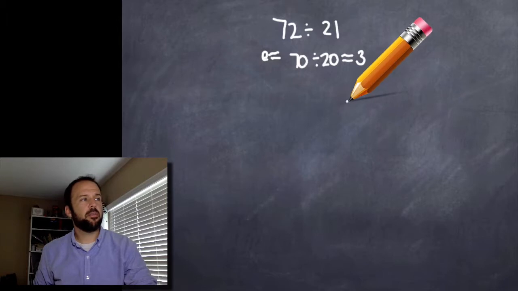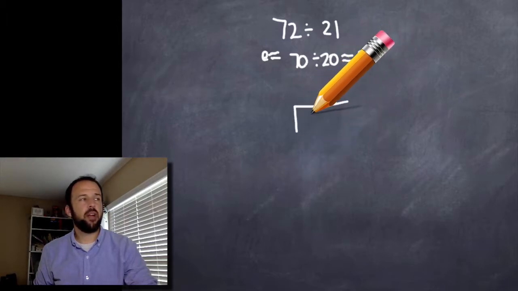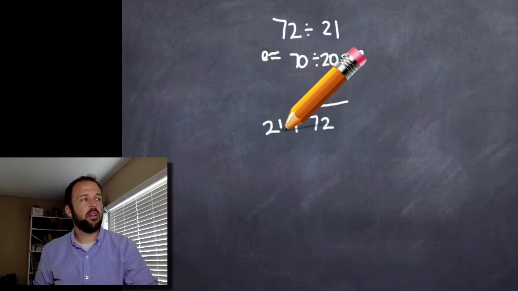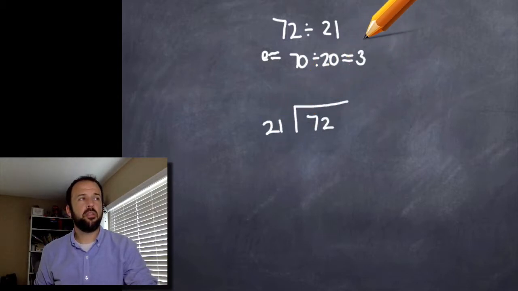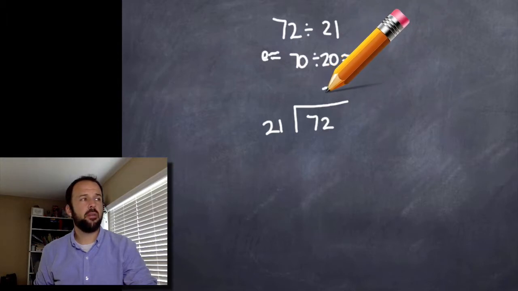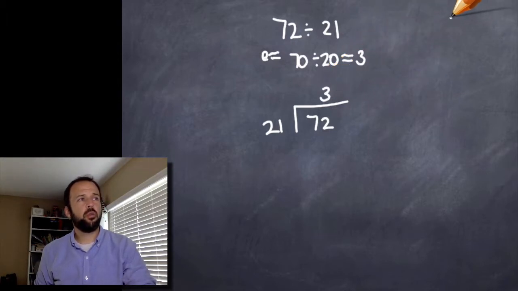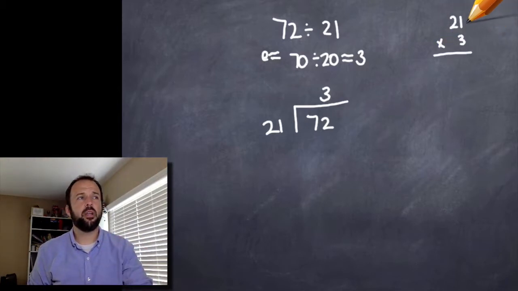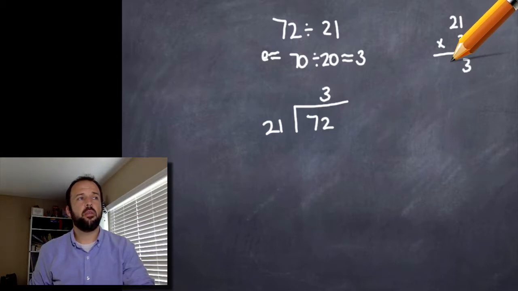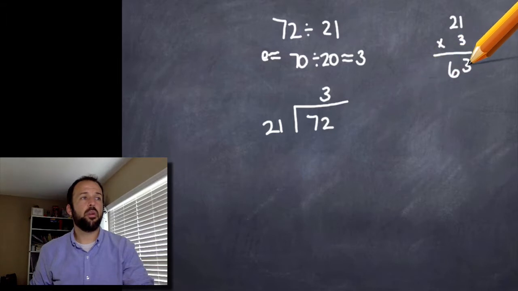So if I set this up the standard algorithm way, I have 72 and I'm dividing it by 21. I'm going to figure out how many multiples of 21 there are in 72. I'm going to start here with 3 and see how this works out. I'm just going to come over here real quick and do 21 times 3, because I don't know what that is off the top of my head, but I could solve it real quick. 1 times 3 gives me 3, 2 times 3 gives me 6, so 63 will work.